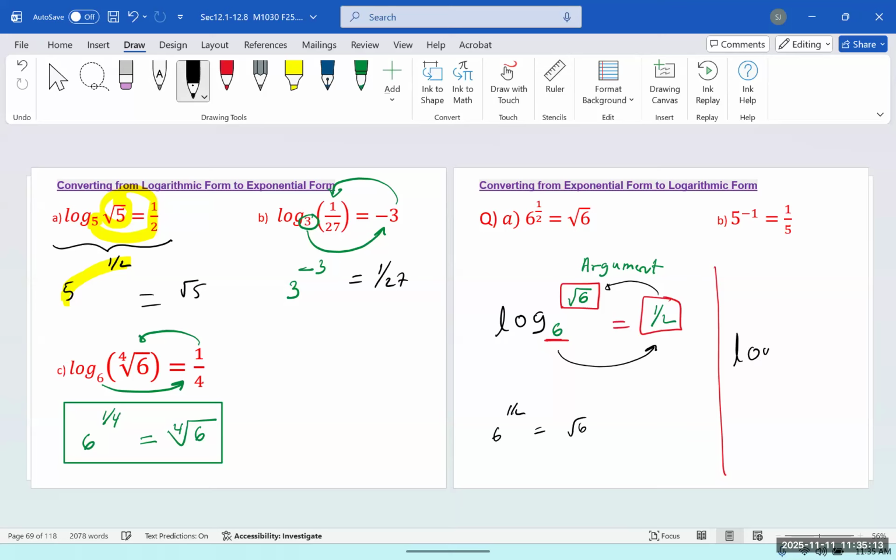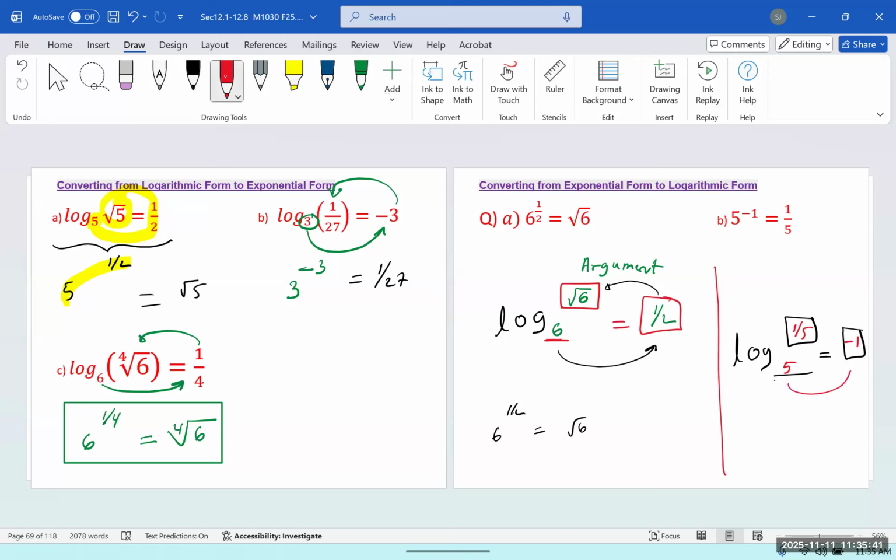The next one, log with a base and then argument equals something. Who would like to try this one? Justin. Base 5, 1/5, -1.